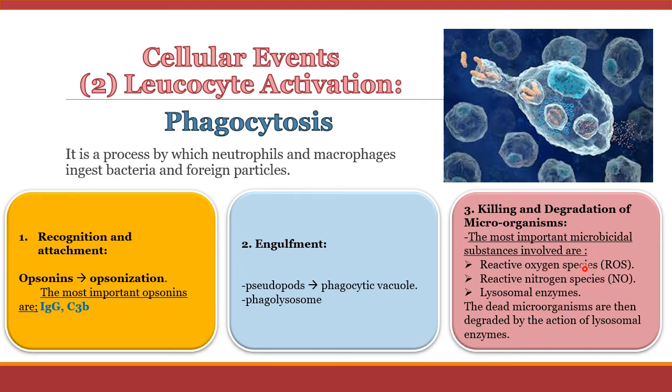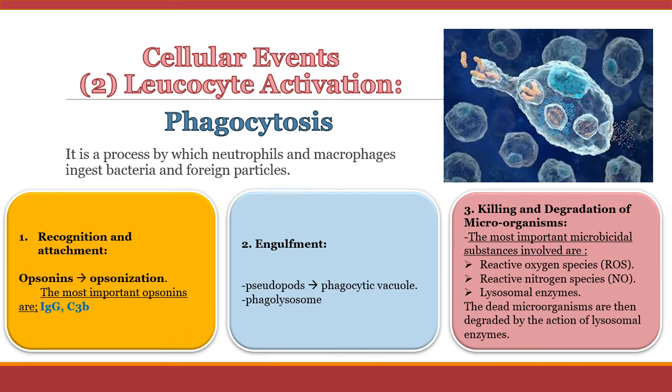And then these microorganisms are going to be completely degraded, and any residual is going to be released outside the phagocyte. Now the phagocyte completed its action and got rid of the injurious agent. So whether the cell that underwent the phagocytosis is a neutrophil or a macrophage, they now perform the function very well.